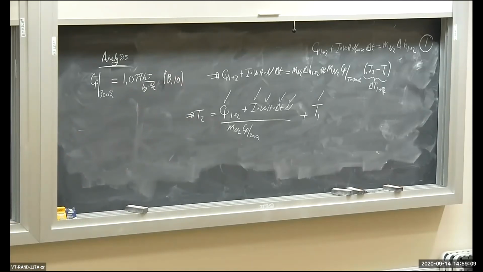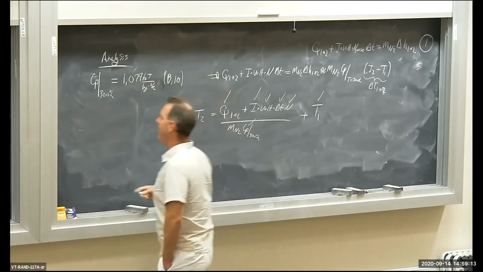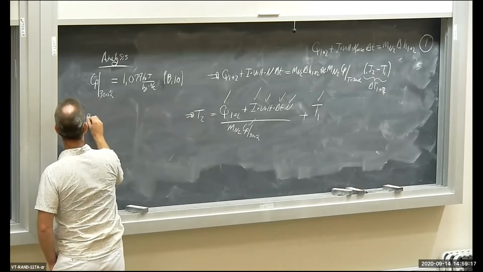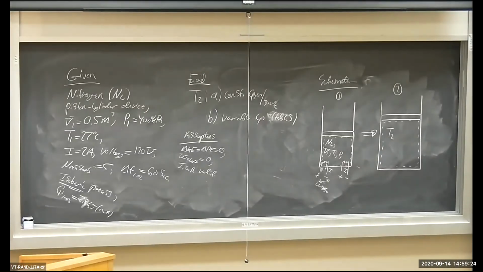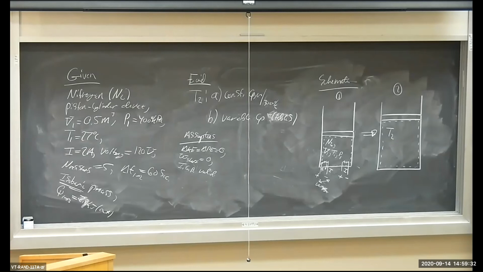Now, what about the mass? So that's the specific heat. What about the mass? Well, I can use IGB, ideal gas behavior. I have the initial temperature, pressure, and volume, and I can get the gas constant for nitrogen.